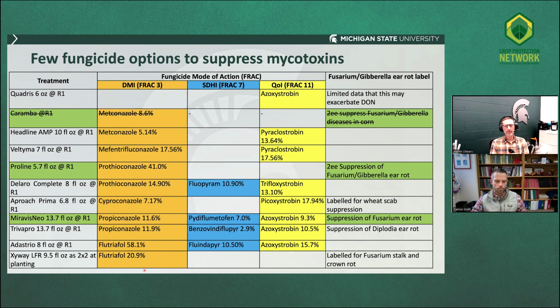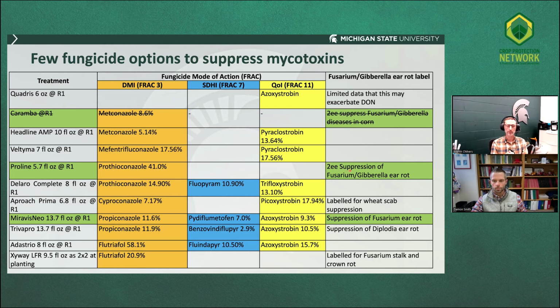The blue are the SDHI, which is really relatively new. Miravis Ace in wheat includes that pydiflumetofen in blue there. In this case, it's Miravis Neo for corn, and they do include a strobilurin, which is shown in that yellow column. So just looking at what is available, I've put in green a couple of products that are labeled.